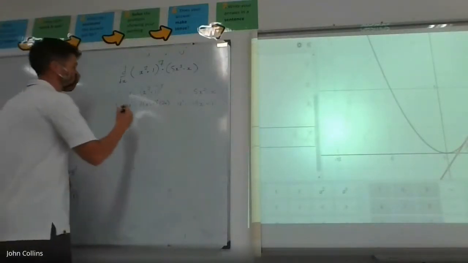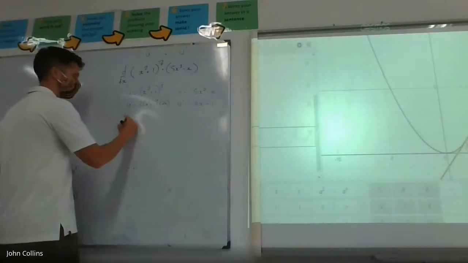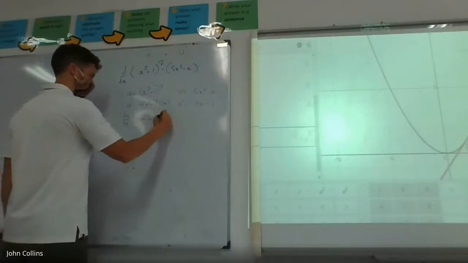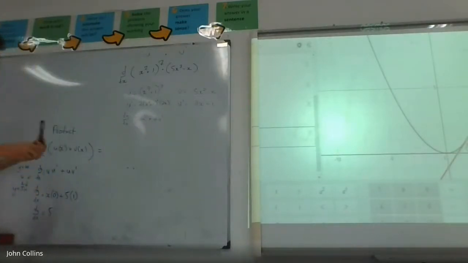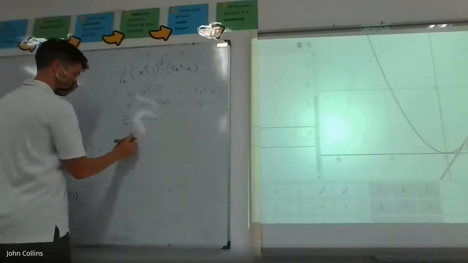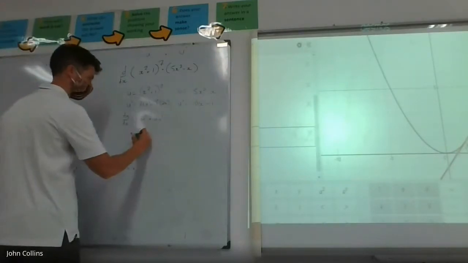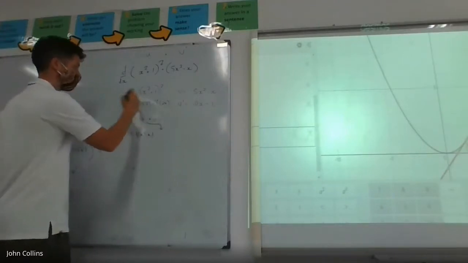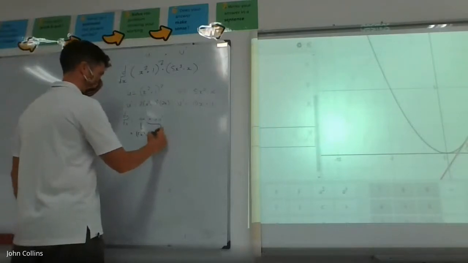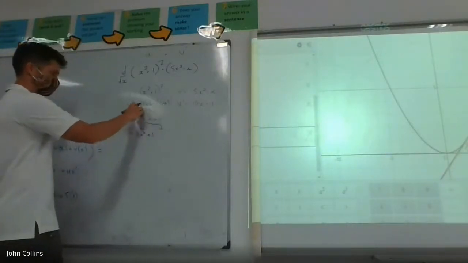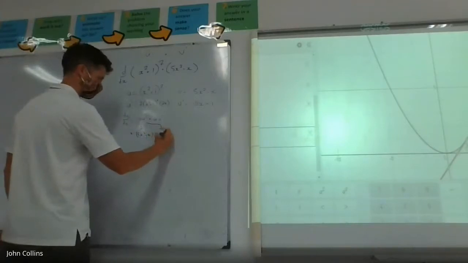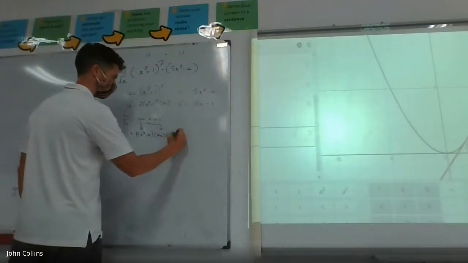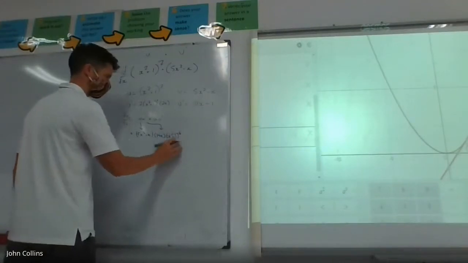Okay, now what's my derivative? So dy/dx will be, this is in your formula booklet, v, which is 5x squared minus x, times u dash, which is this horrible looking thing: 14x, 2x and 7x, times x squared plus 1 to the power 6.